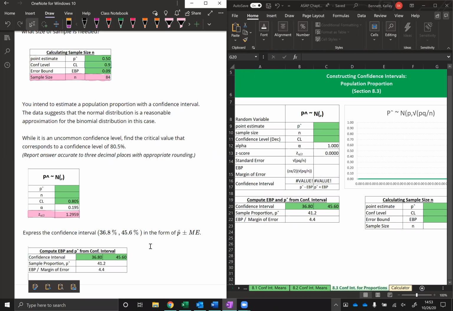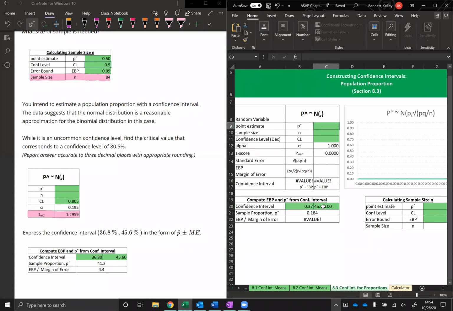For computing the error bound for the proportion and p hat from the confidence interval, I'm just saying, what's the middle of this confidence interval? It's 41.2. And then how far left and how far right am I going? It was 4.4. So there's no conflict in whether I give it a percentage or a decimal. If I had wanted to give it a decimal, let's try something with an equal sign.